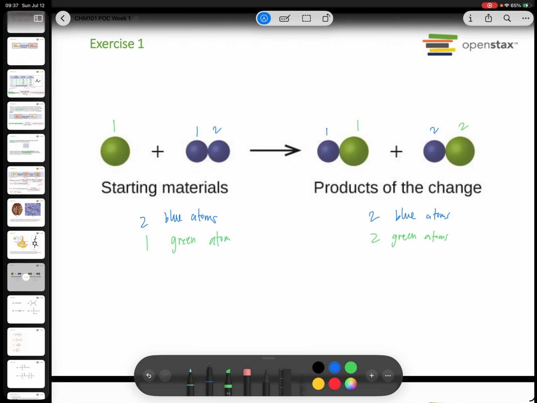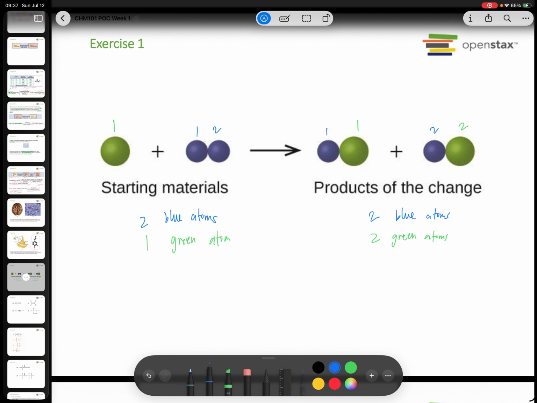So, they are different. That means a green atom appears to have been created during a chemical change. So, the question is, does this agree with or violate Dalton's postulate?